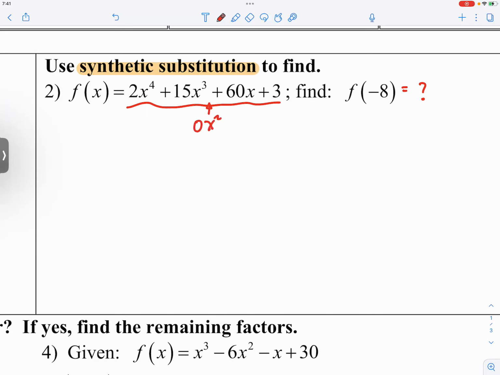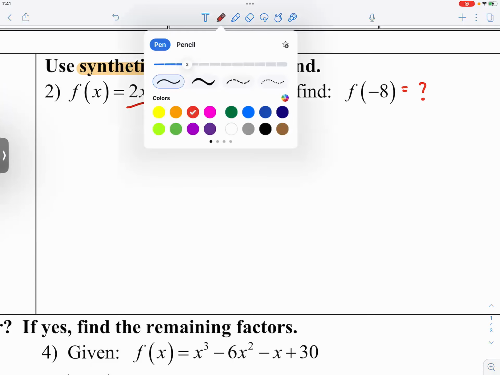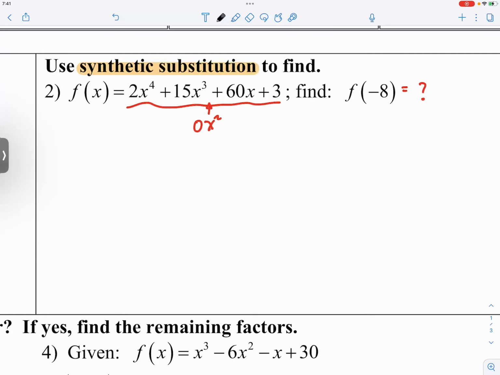So let's go ahead and insert that 0x squared. Now, what's also key right here is, how do we know what f of -8 is, and how does it have anything to do with division?